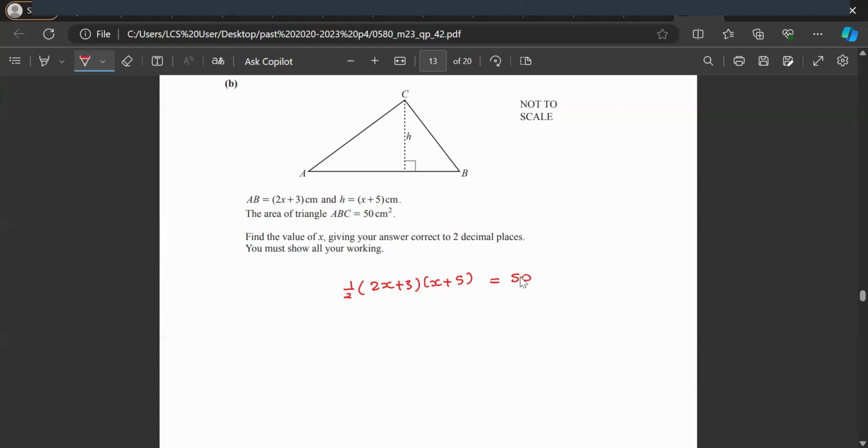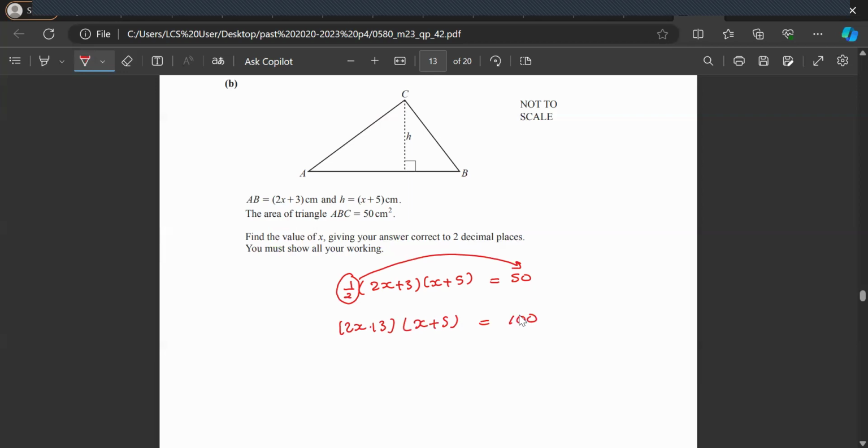First, multiply the brackets. Multiply what? The 2 brackets. But please send this half to the other side, so it will be 2x plus 3, x plus 5 equal 100.